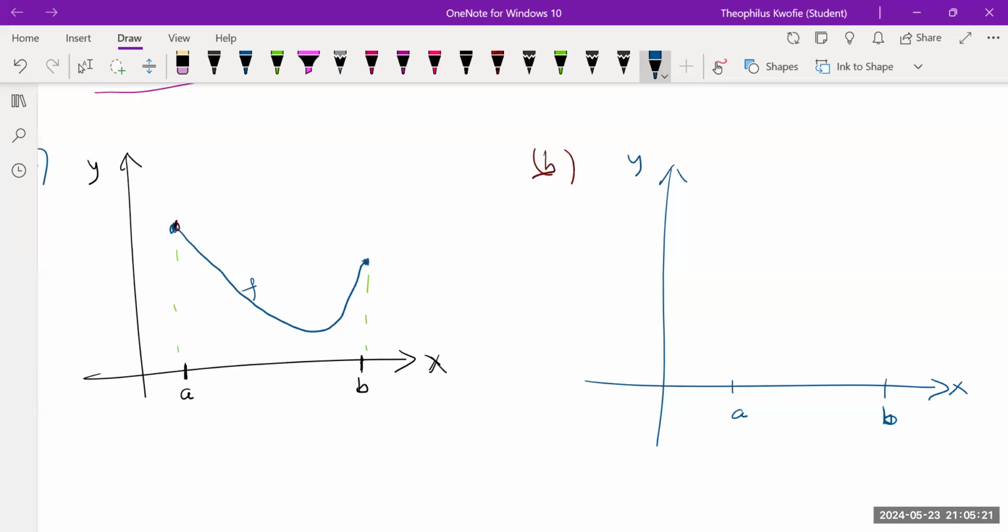Let me use a different pencil. We suppose we start at a point as high as this, then the function goes up a bit, then it decreases up to this point.